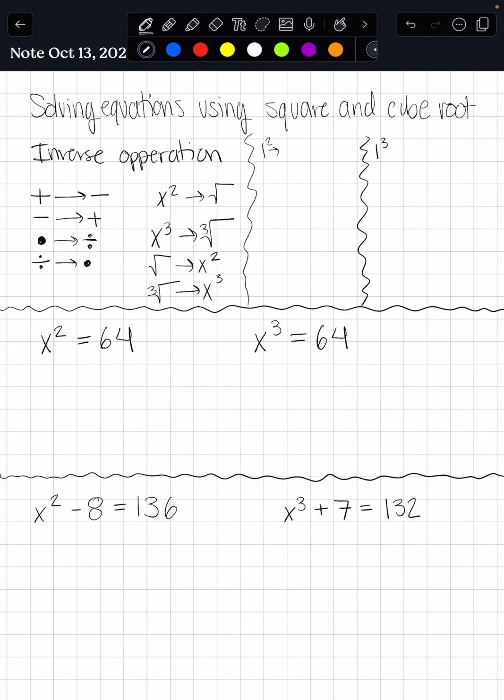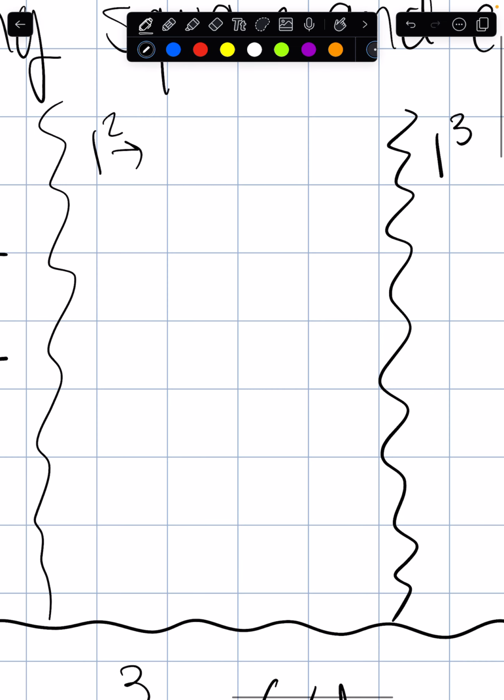All right, so hopefully you've paused and gone over this. I'm just going to go ahead and zoom in and make these charts.